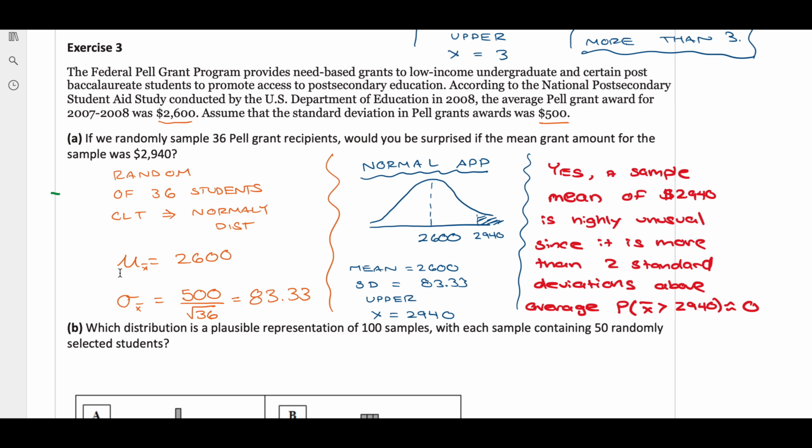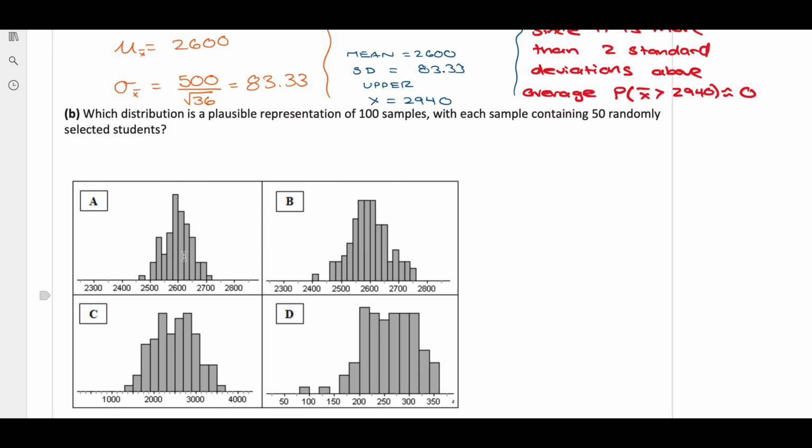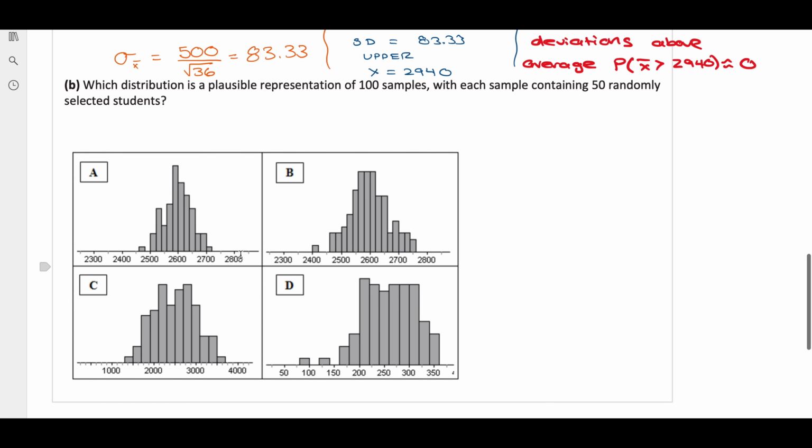Now, if we had sampled 100, how does the probability distribution look? If I sampled 100, that's definitely a large enough sample. The center of the distribution would still be at $2,600, but the standard deviation would get even smaller.